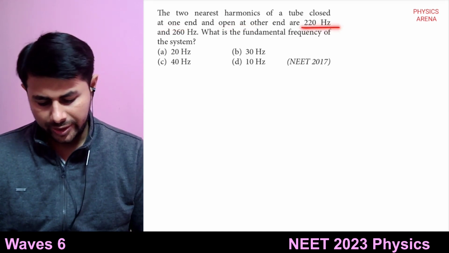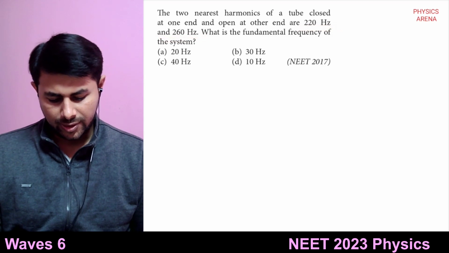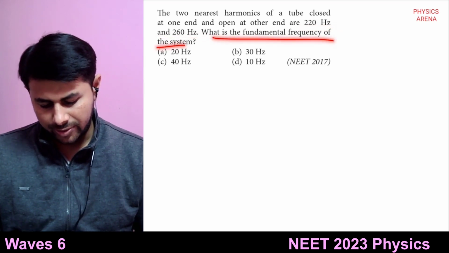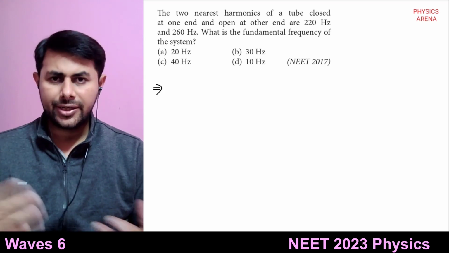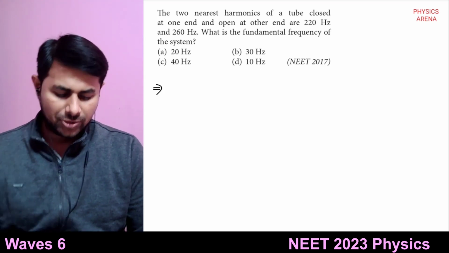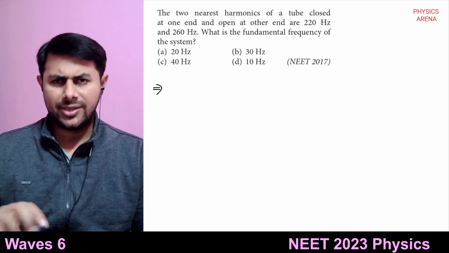Next question. The two nearest harmonics of a tube closed at one end and open at the other end are 220 Hz and 260 Hz. What is the fundamental frequency of the system? See, two nearest harmonics. What they mean to say is the harmonics that are present.